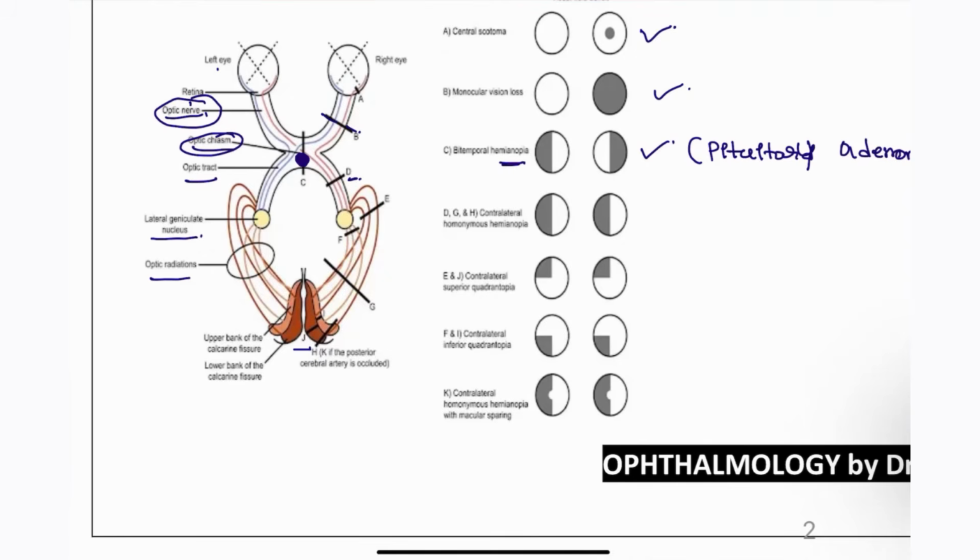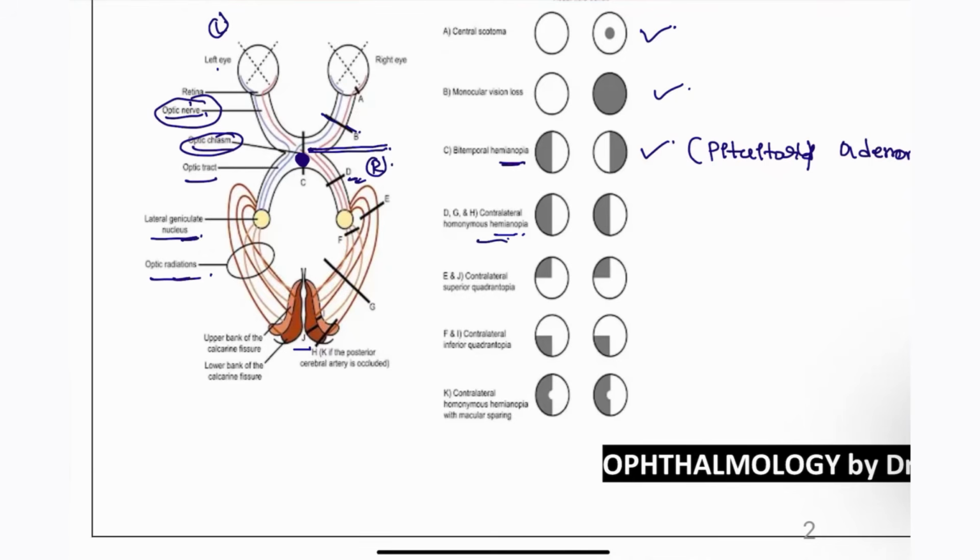If it is damaged on the right side, the patient will have a field defect on the left side, because the bifurcation has already occurred here. So you are going to see contralateral, homonymous hemianopia in patients with damage at the optic tract, lateral geniculate nucleus, and also the optic radiation. The effect is still going to be the same.